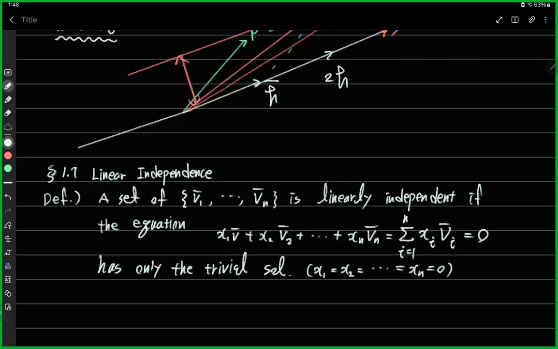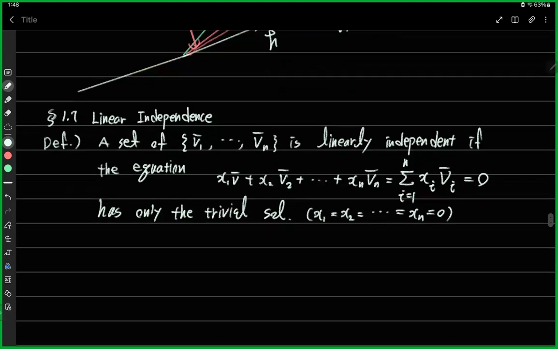Okay, so otherwise, if there is a choice to make this zero other than all zeros, then that must be not linearly independent. So if there exists, that's the mathematical symbol, there exists.